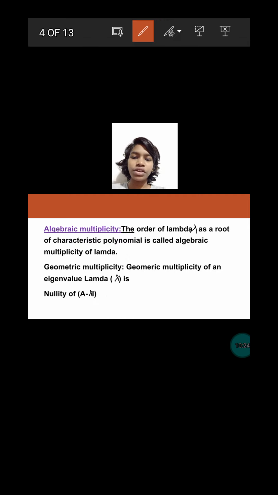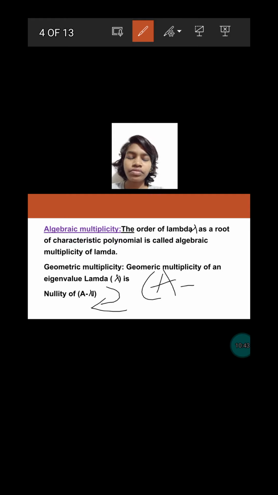Geometric multiplicity. How we find geometric multiplicity of an eigenvalue lambda: we first take an eigenvalue lambda.